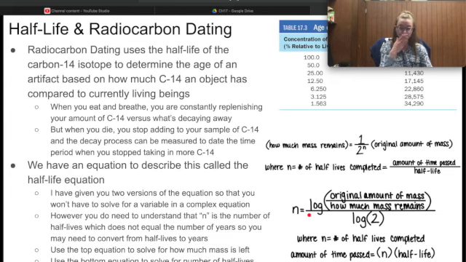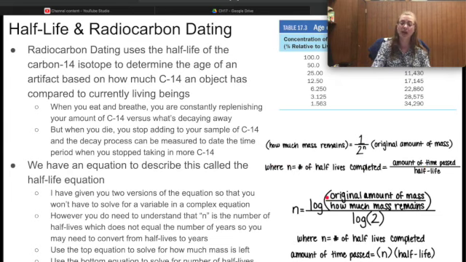What you need to know is what I mean by the number n in these equations. How much mass remains and original amount of mass are pretty straightforward. However, n is the number of half-lives that are completed. So if I give you an original amount of mass, an amount of time passed, and a half-life amount, you can calculate that n, the number of half-lives completed, and plug it into your equation.